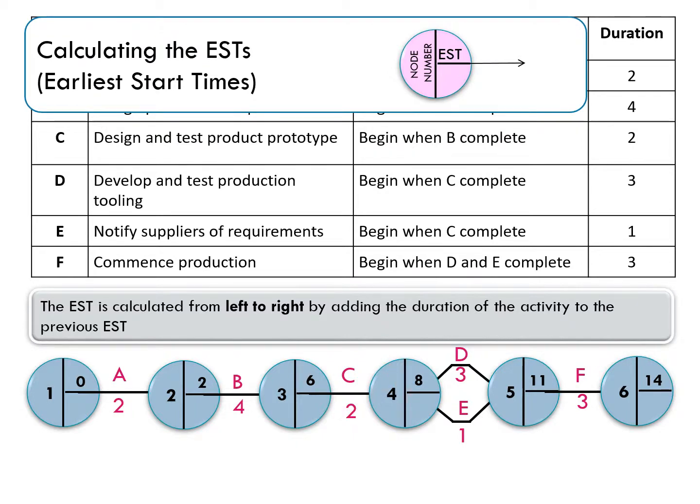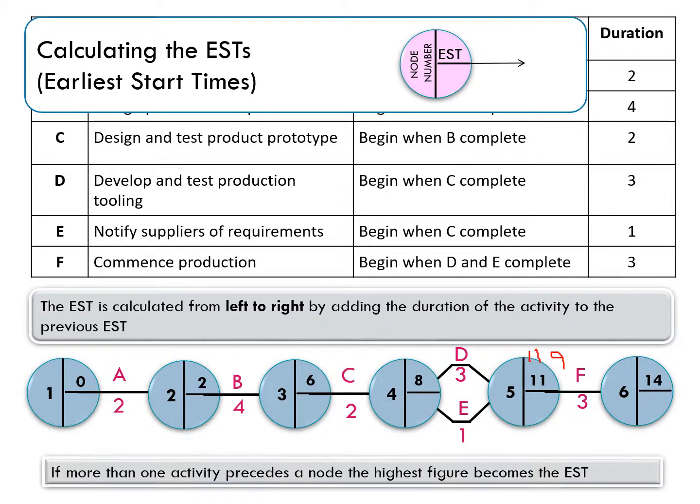Now here we have a bit of an issue, because if I go via E, I would get 8 plus 1, I would get 9. If I go via D, I'd get 8 plus 3 is 11. So if more than one activity precedes a node, so node 5 is preceded by D and E, we always take the highest figure.